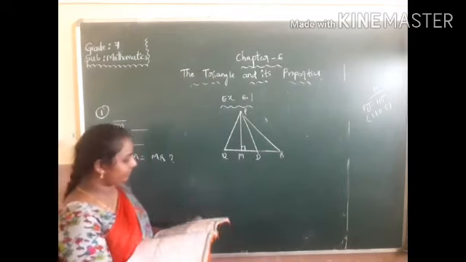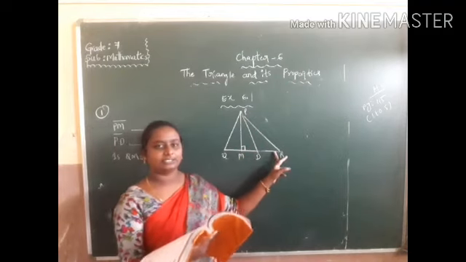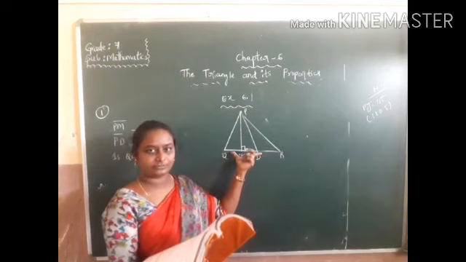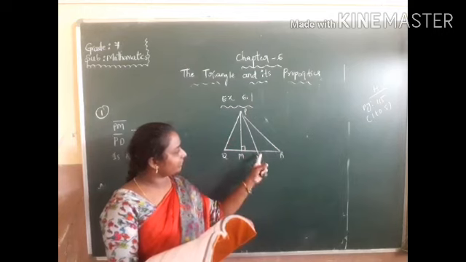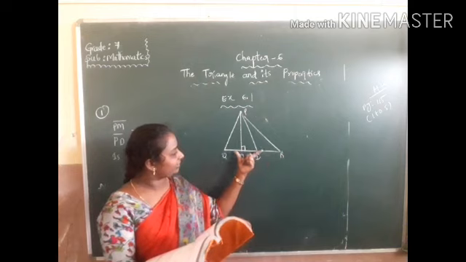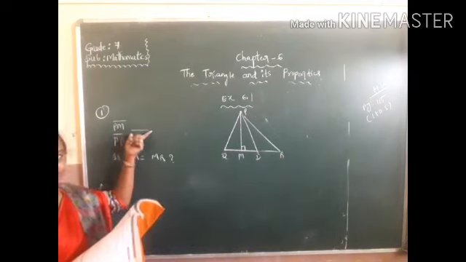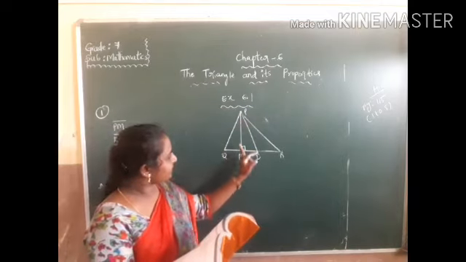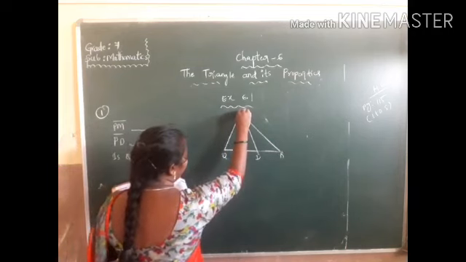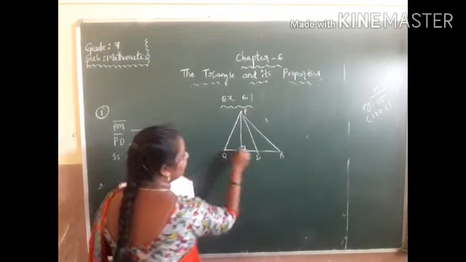Right children, observe the first question. In triangle PQR, D is the midpoint of QR. In triangle PQR, what is D? It is the midpoint of QR. So line segment PM is what? PM is the perpendicular line segment from vertex P to the opposite side.